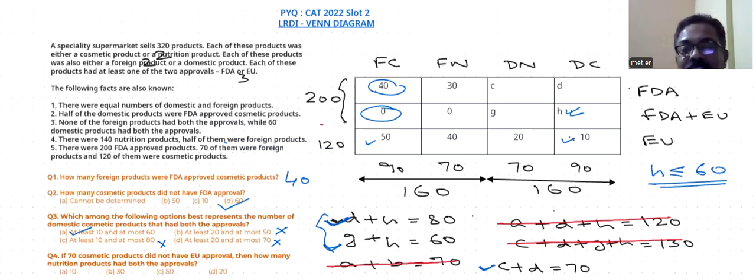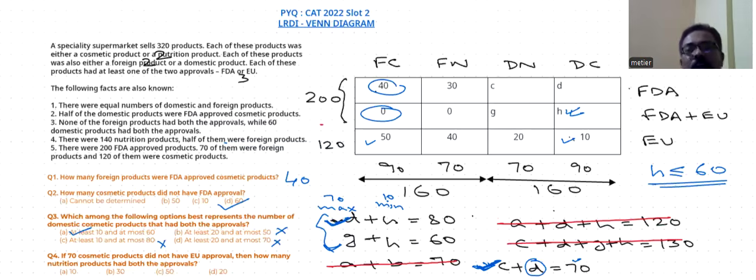C plus D is 70, and D plus H is 80. When we need the minimum value of H, we have to maximize the value of D. From this equation, D can be at most 70. If D maximum is 70, then H minimum has to be 10. So again, we are satisfying option A.